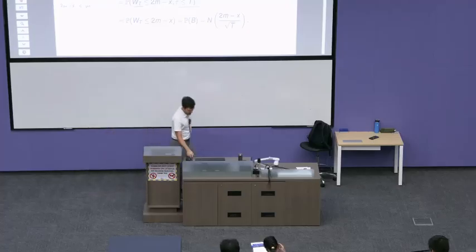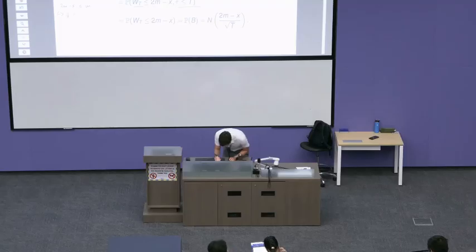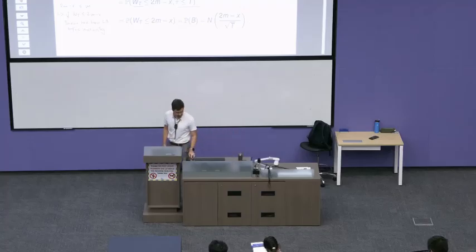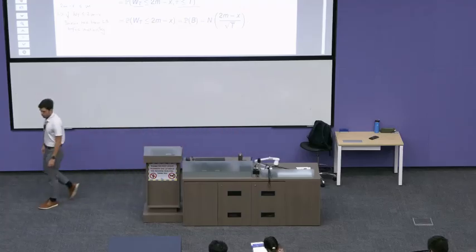So this means that if W_t is smaller or equal than 2m minus x, then the barrier has been hit before maturity, correct? This just means I'm ending up at some value below the barrier m.